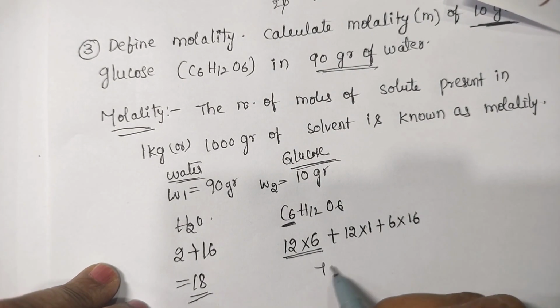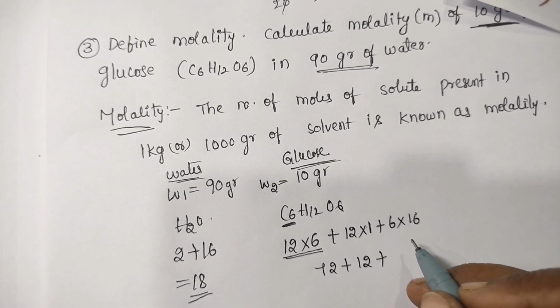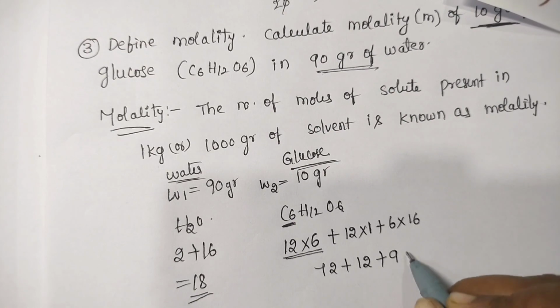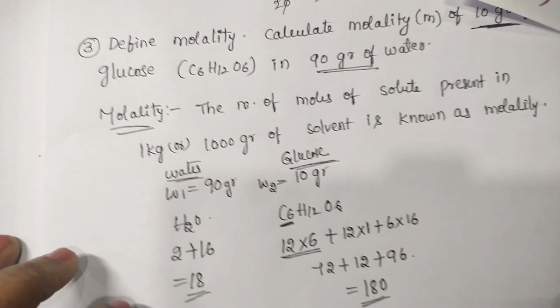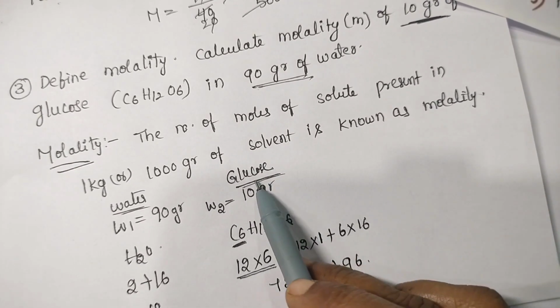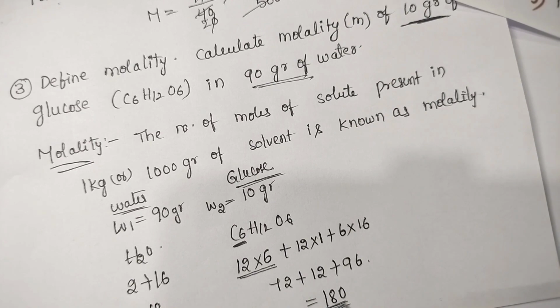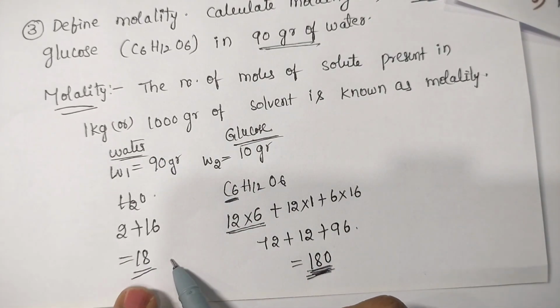So 12 into 6 is 72, plus 12, plus 16 times 6 is 96. So total is 180. Glucose mass will be 180. Remember, glucose is 180 and water is 18.